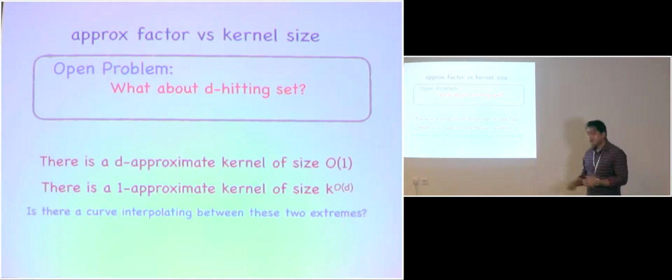And the question is, is there a nice curve that interpolates between these two extremes? If not, are there some nice lower bound techniques you can bring into the picture here to tell people what this curve should look like if such a curve exists? So this is one kind of problem where approximate kernels seem very useful.